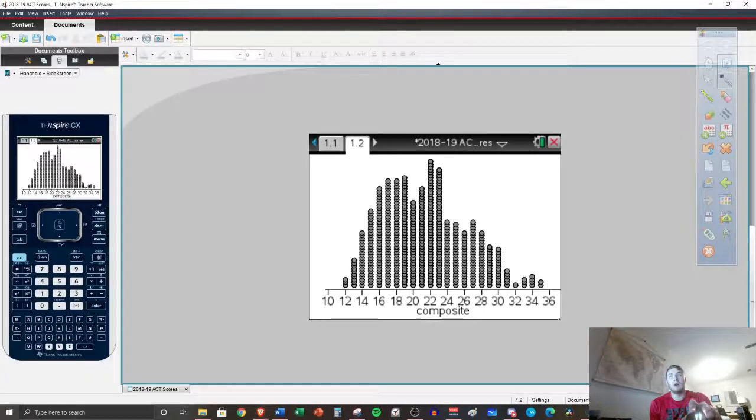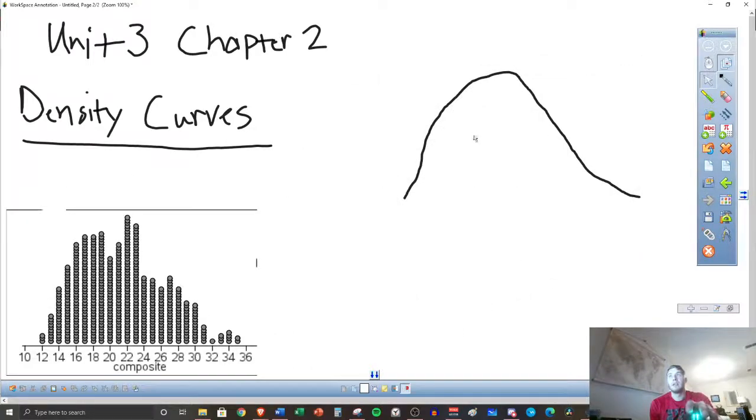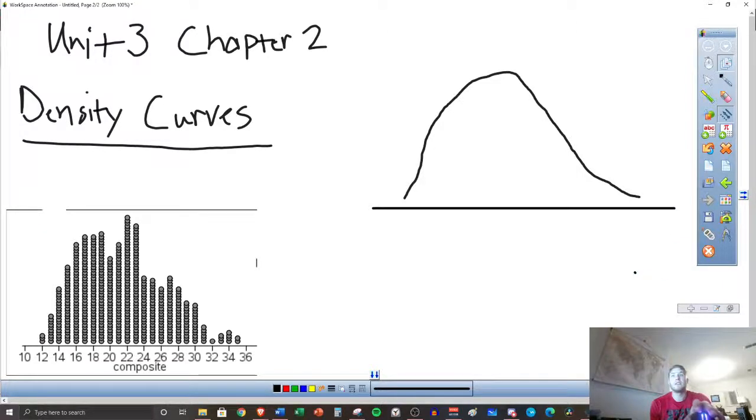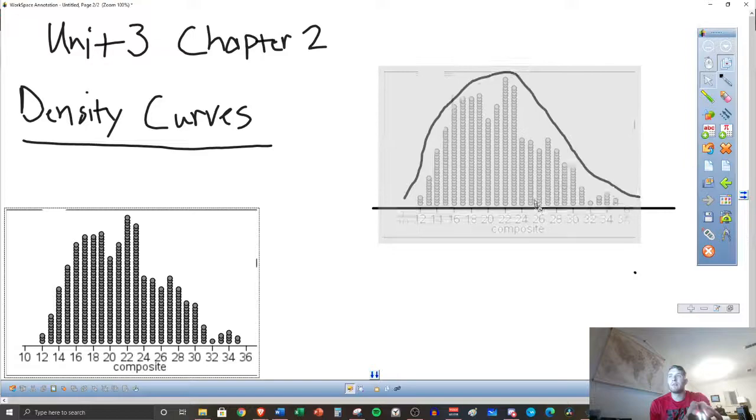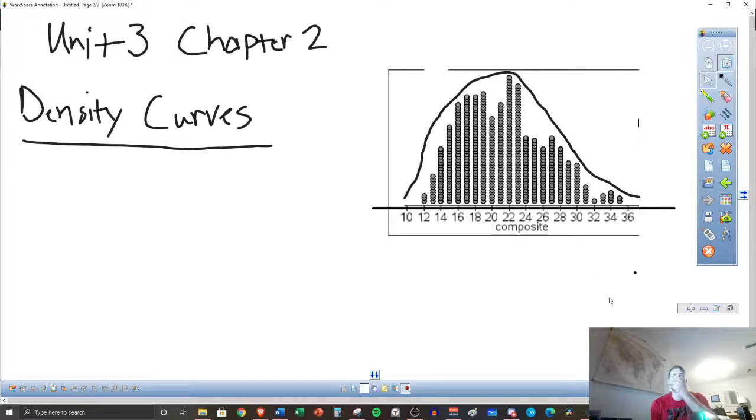So if I move this, this is our density curve right here, and this is what you should have in your notes. You have your definition over there, and this is how you need to be looking at data moving forward. There it is. That's our density curve.